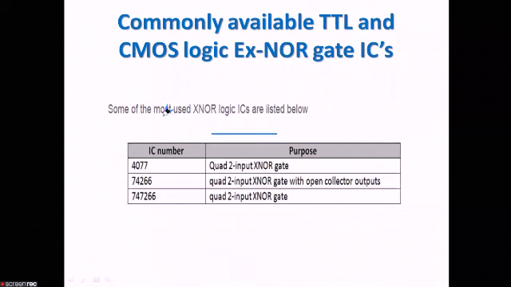Now next we will be seeing all the commonly used TTL and CMOS logic XNOR gate ICs. Some of the used XNOR logic ICs are listed below. First one is 4077. This one is a CMOS IC. This is quad 2 input XNOR gate. Next one is 74266.